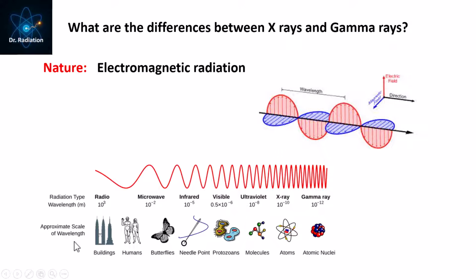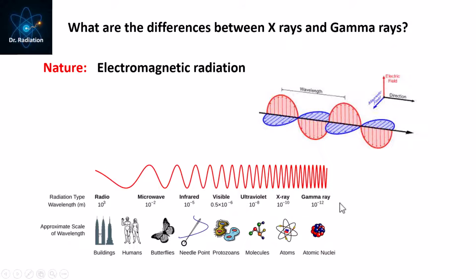You can see the approximate scale of the wavelength, the structures in nature that are comparable to these wavelengths, and based on that, these electromagnetic waves can penetrate into those structures. For example, ultraviolet is comparable to the size of molecules.